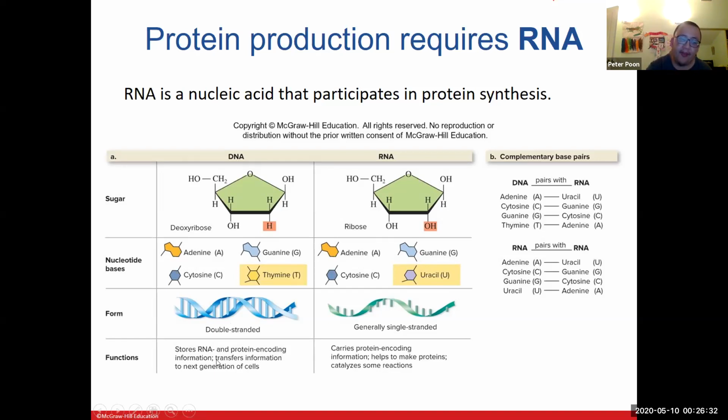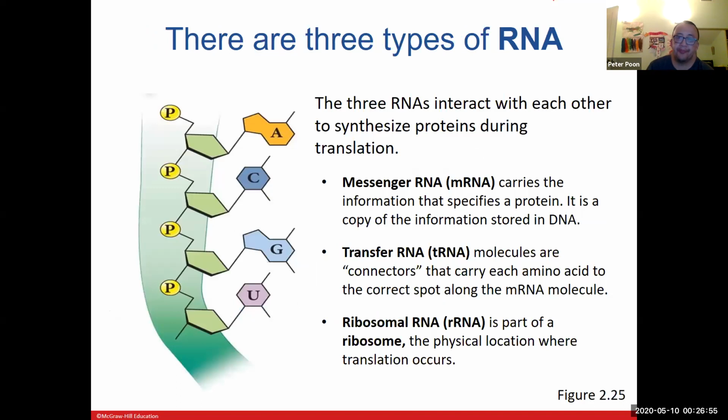The function of DNA is just storage. RNA has a lot more functions than that. It carries the protein-encoded information. It actually helps in the protein making process. It catalyzes some reactions by itself.